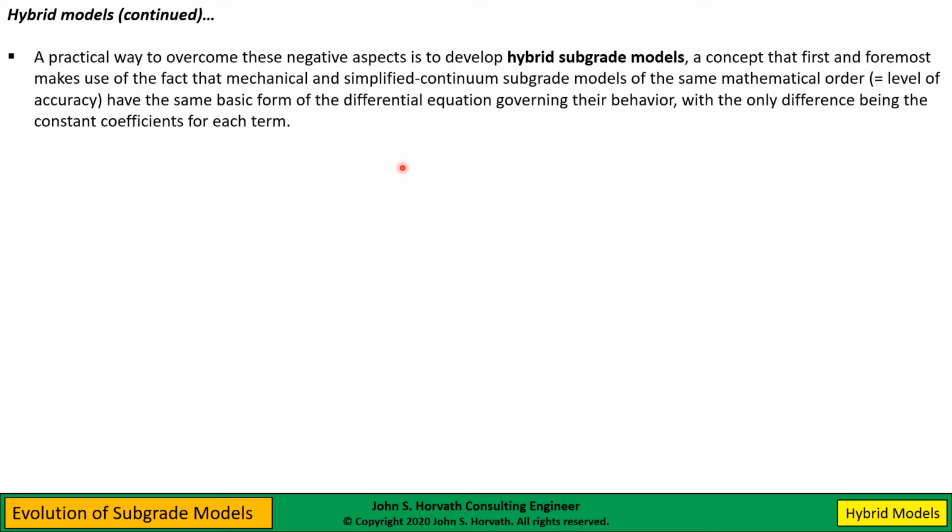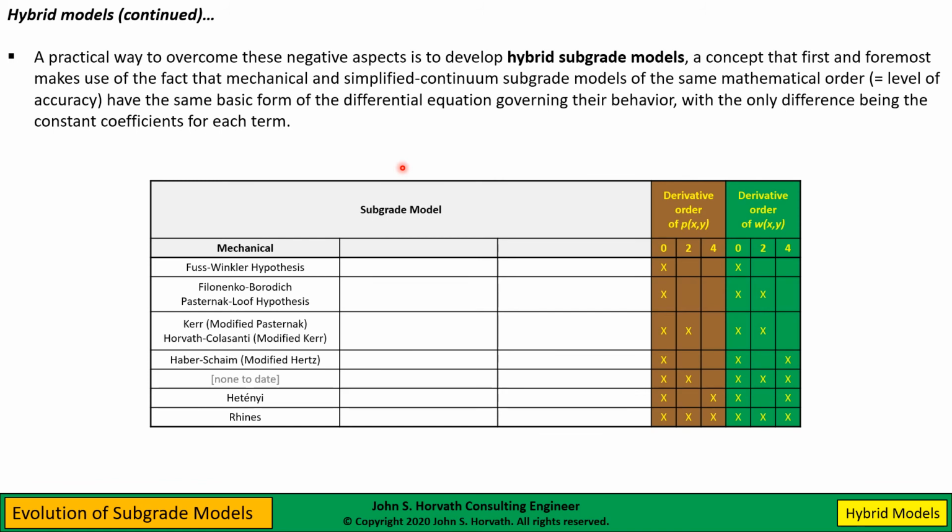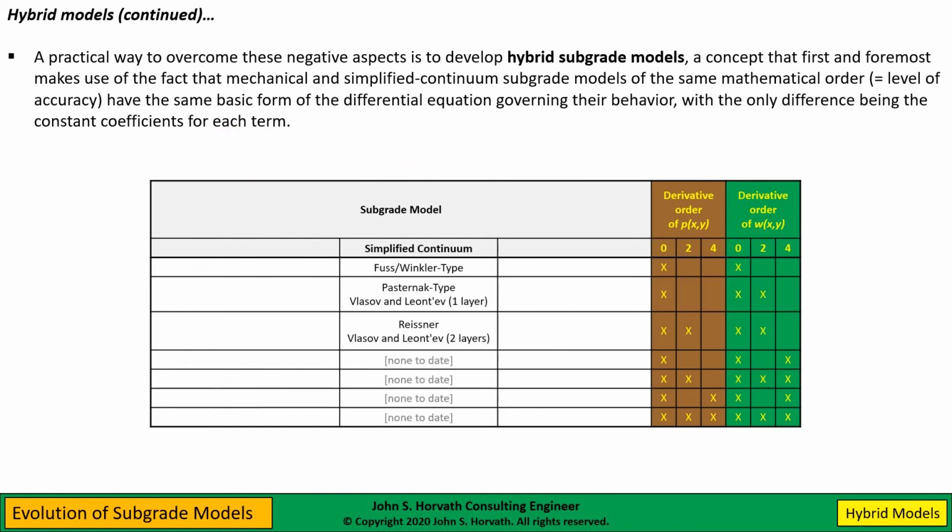Well, it occurred to me in the last number of years that one way to overcome the negatives is to develop these hybrid subgrade models, which make use of mechanical and simplified models, but use the best of each one. It's based on the concept that whether you have mechanical models or simplified continuum models, you're going to wind up with differential equations of the same order of derivative.